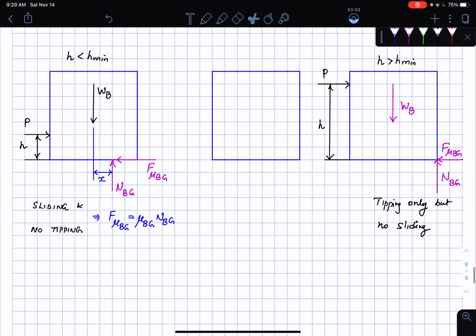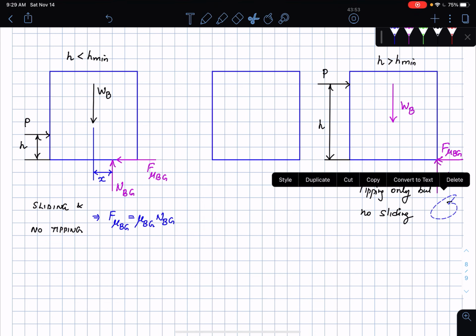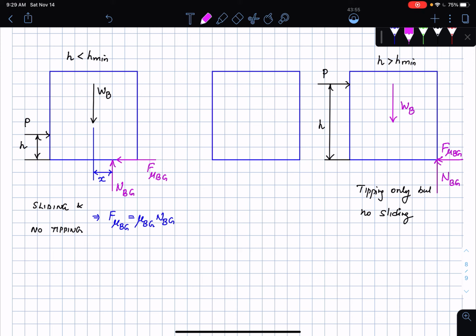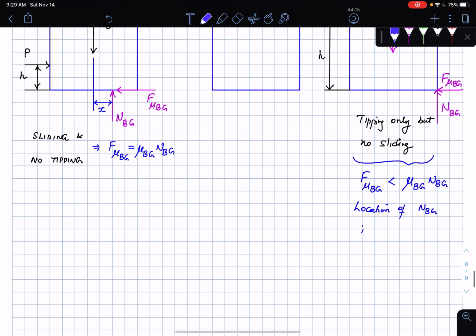So in this situation, when I have tipping only but no sliding, I know the location of the normal force. So in this case, F_μBG is less than μ_BG times N_BG. Location of N_BG is known.